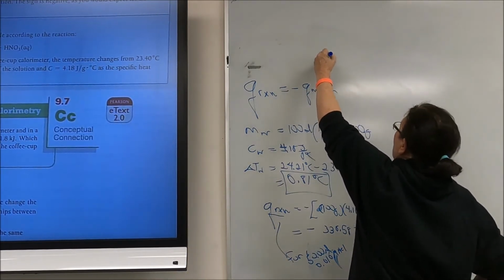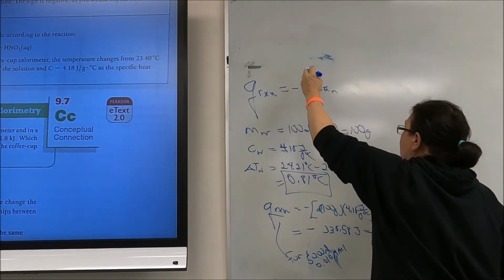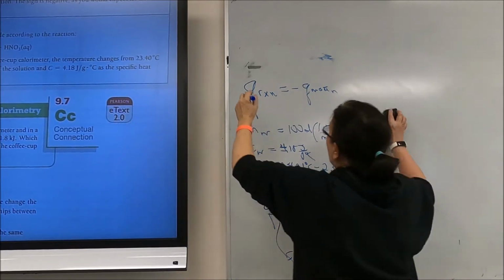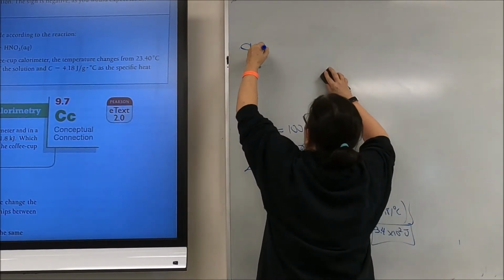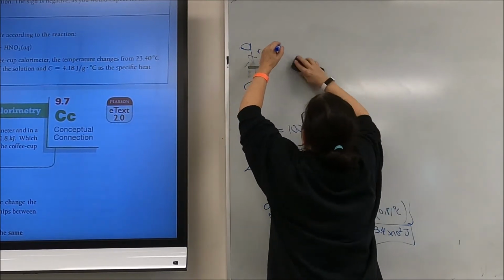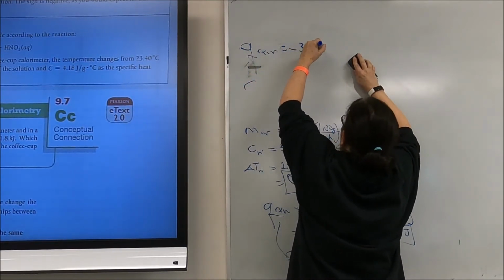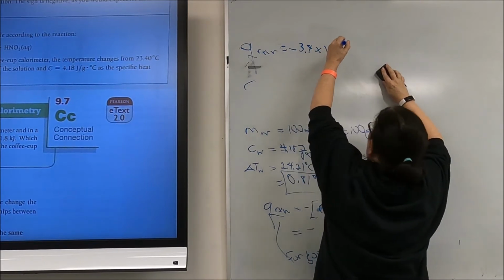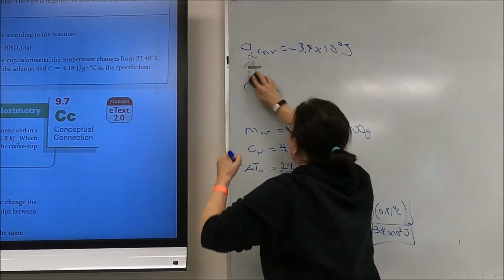So what I need to do is calculate, I'm going to write this up here, our Q of reaction is minus 3.4 times 10 to the 2 joules.